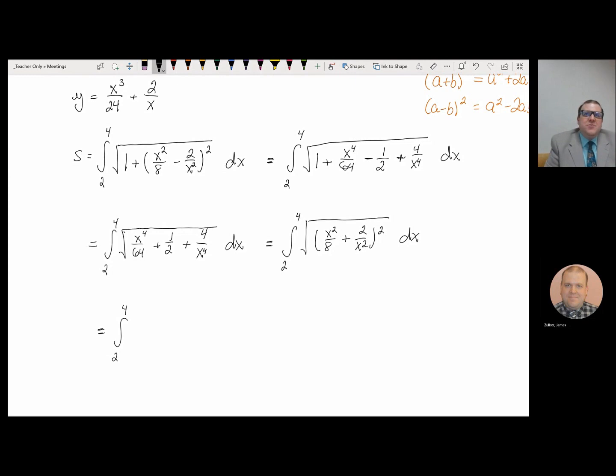The interval here doesn't really matter yet. If you look at x squared over 8 plus 2 over x squared, that will never be negative. Right? Because the x's are being squared, and then you're adding them. Which means we don't need to worry about absolute values, because it's always positive. Oh, well, now that integral doesn't look so terrible.